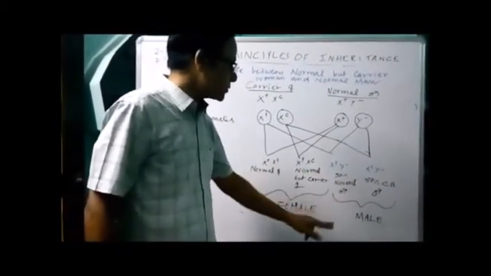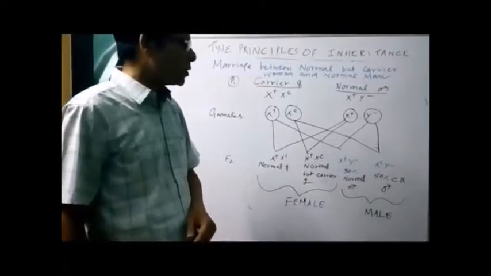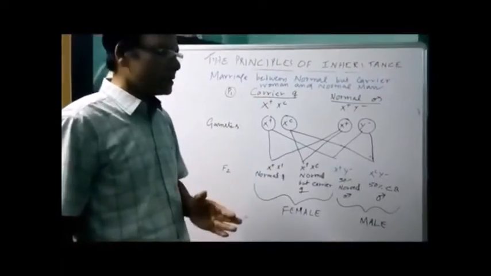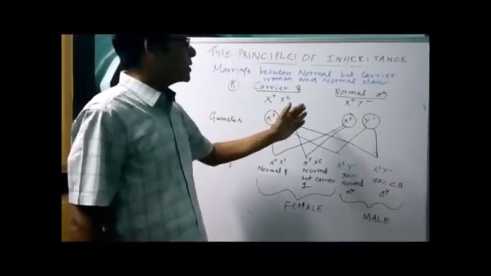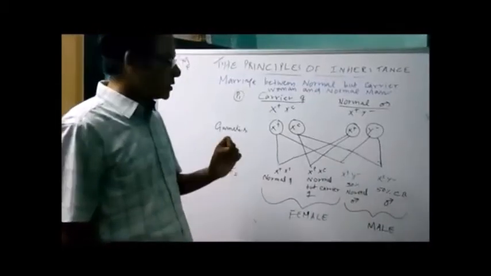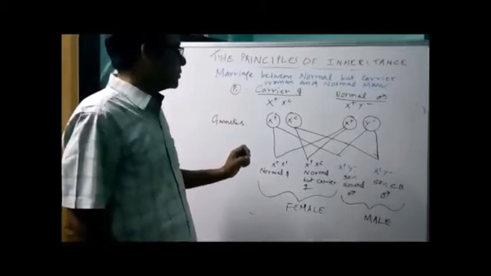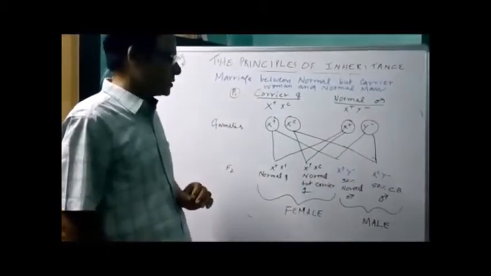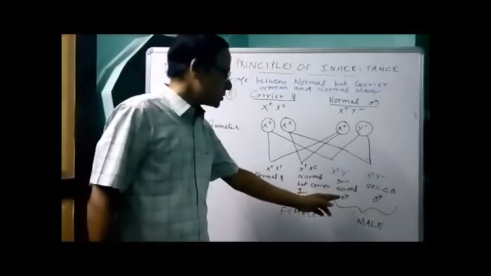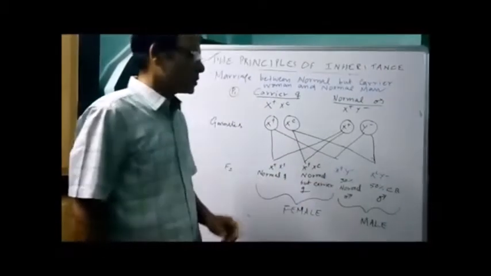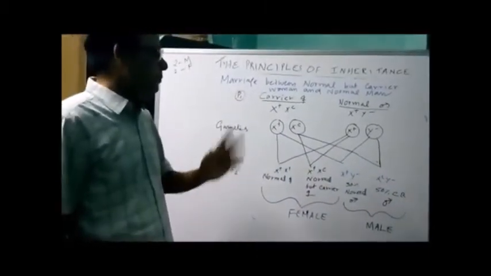Out of the 2 males, 1 is normal, 1 is colorblind. It occurs when the mother is carrier. We are least bothered about the nature of the father. Once the word carrier is given, once the mother is heterozygous, the chance for males is 50% normal, 50% colorblind. That is, 1 is normal, 1 is colorblind.